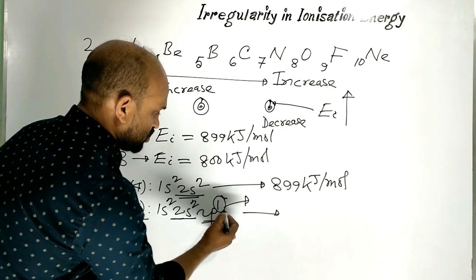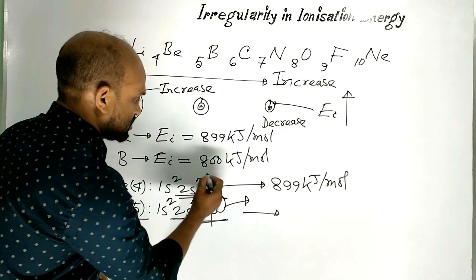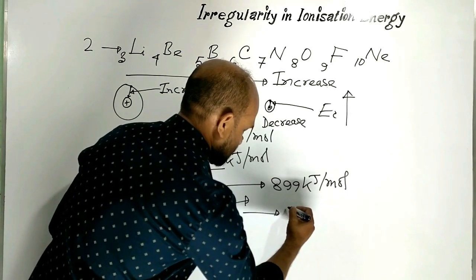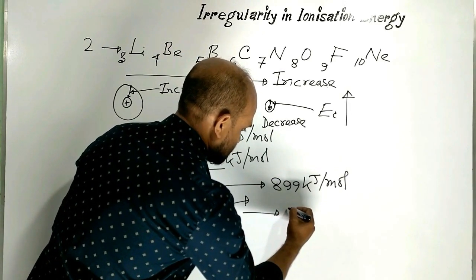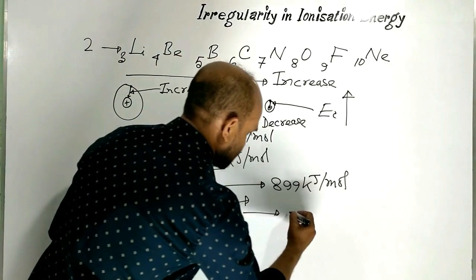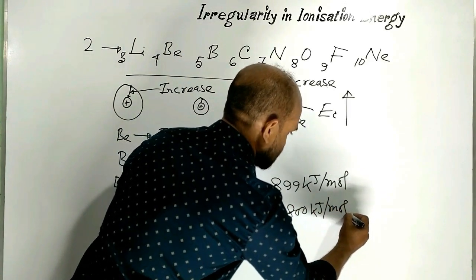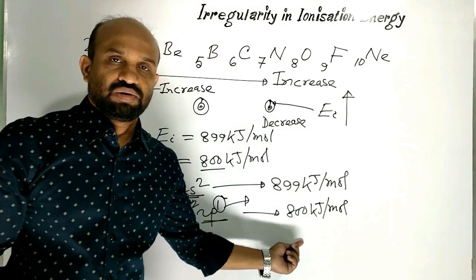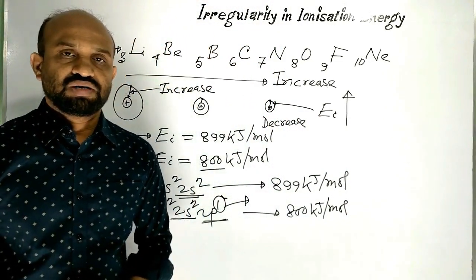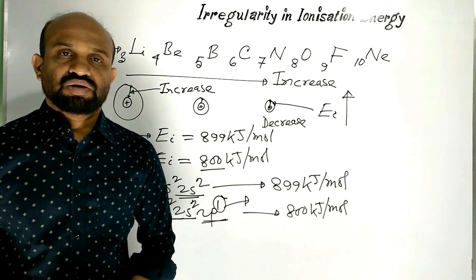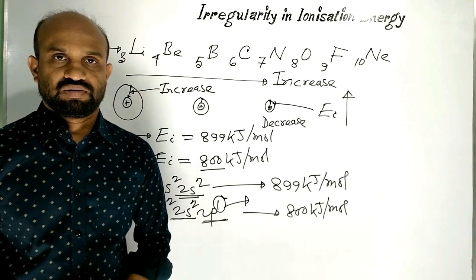So, to remove this electron, a bit lower energy is required. That is why ionization energy of boron is a bit lower, which is 800 kilojoule per mole. So, this is the irregularity in ionization energy, in which electronic configuration is responsible.